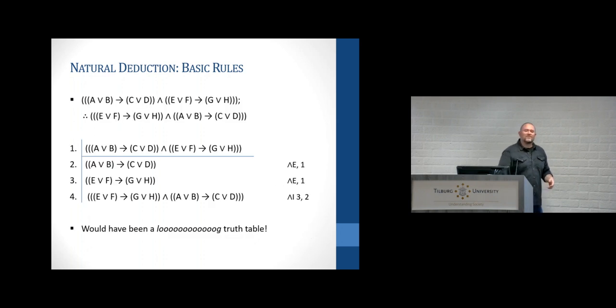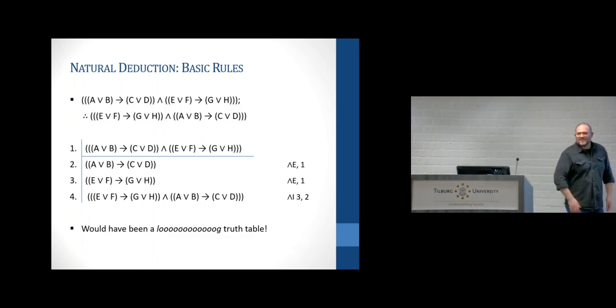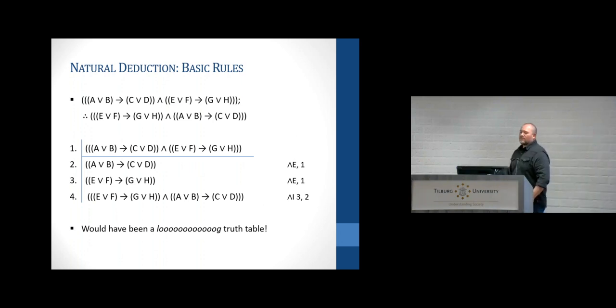Our third rule. Oh, no, I forgot. There's this one. A very silly little example. This is a very quick natural deduction proof. It would have been a really hideous truth table, but it's very easy to see that the argument is in fact valid. Just kind of package it.